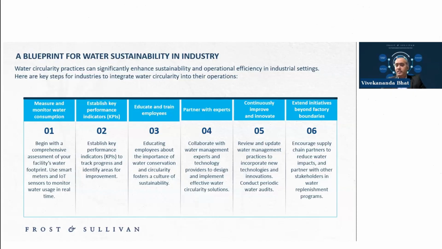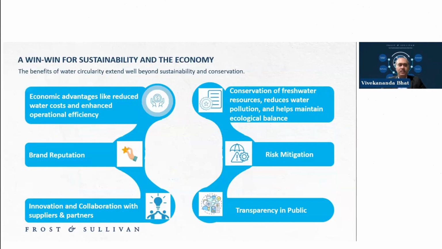Here you need to work with your supply chain partners on the various water conservation initiatives, and also with other stakeholders like the community, wherein you do the watershed management programs. So these are the 6 major steps to implement water circularity in any industry.